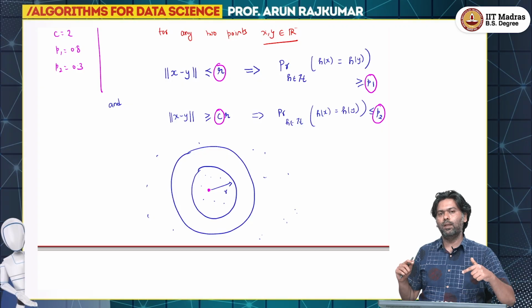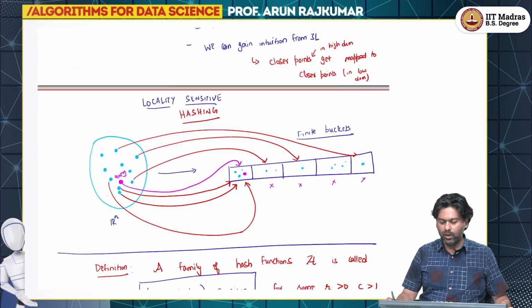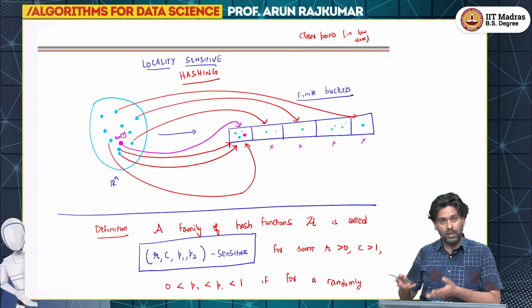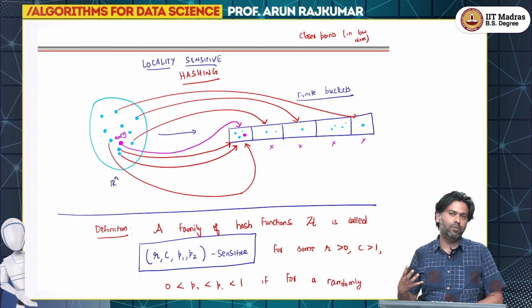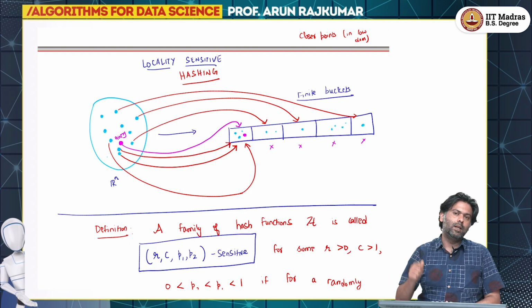I am going to apply h of x, so that the main advantage I am going to get is that hopefully only closer guys are going to get hashed to the same bucket, because that is one of the guarantees this family of hash functions has. Which means I am not going to miss the nearest neighbor.